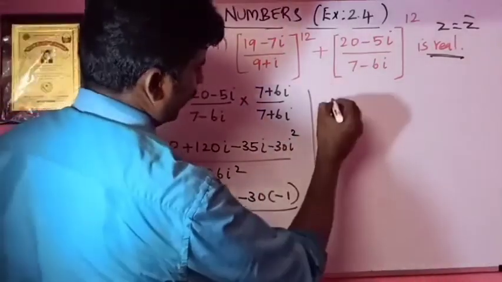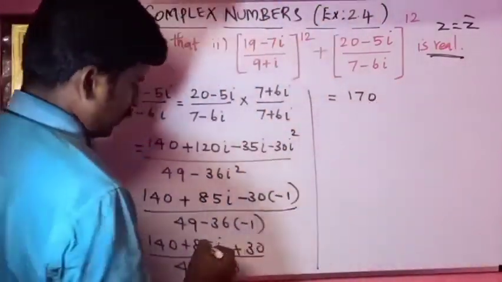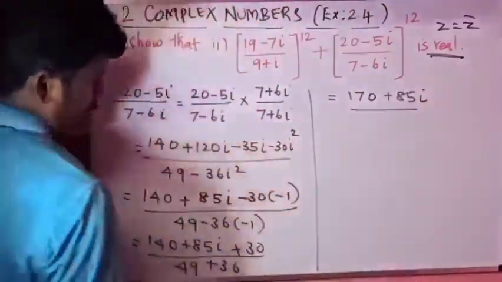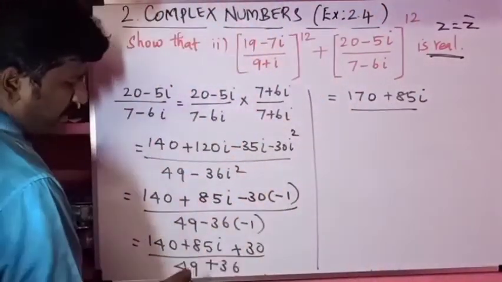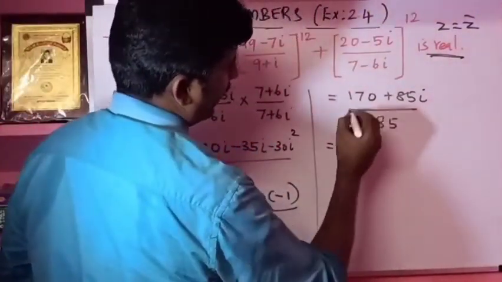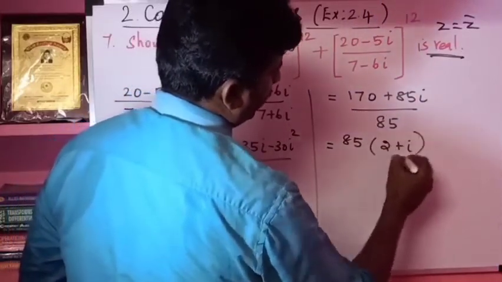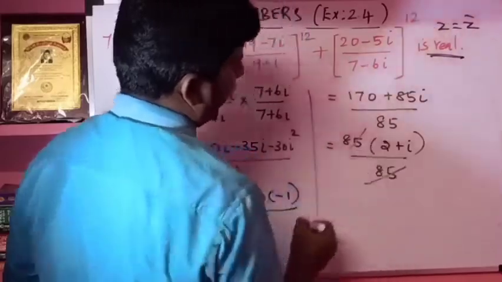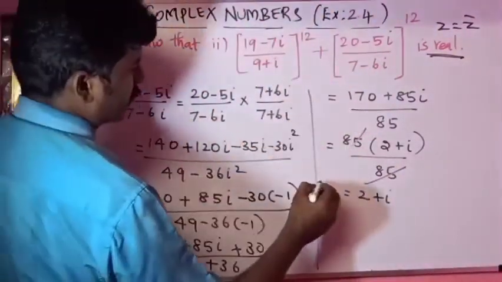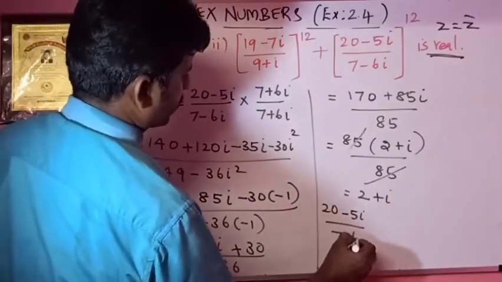So which is 140 plus 30, the 170, plus the whole 85i, the whole divided by 49 plus 36, which is the 85. So here the 85 is common. This is 2 plus i divided by the 85. Now 85 will cancel. So 2 plus i is the 20 minus 5i by 7 minus 6i value.